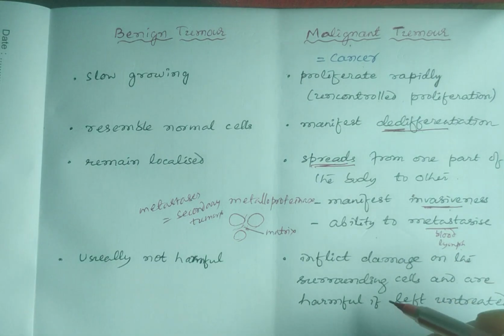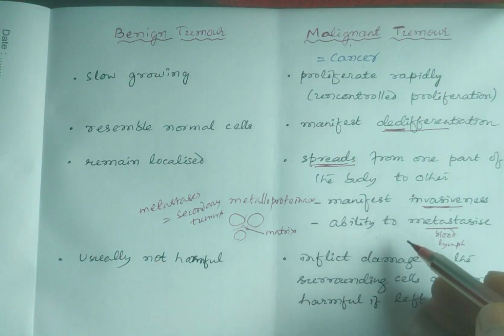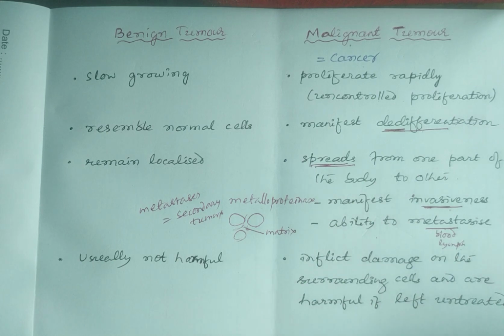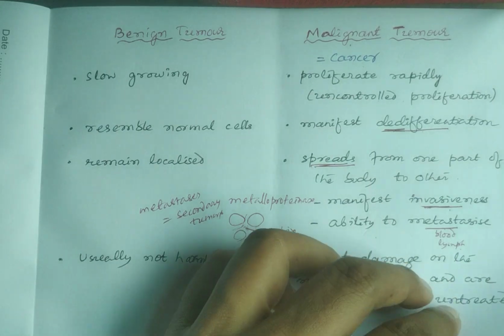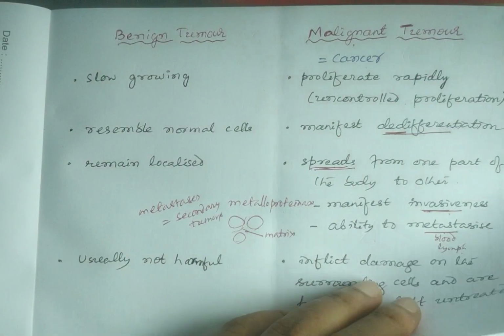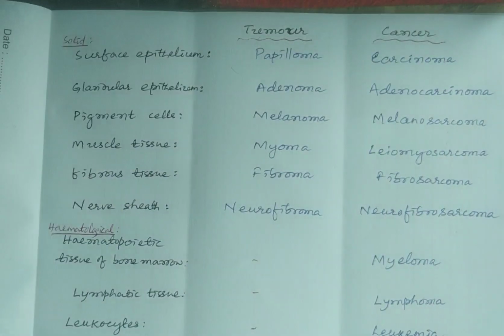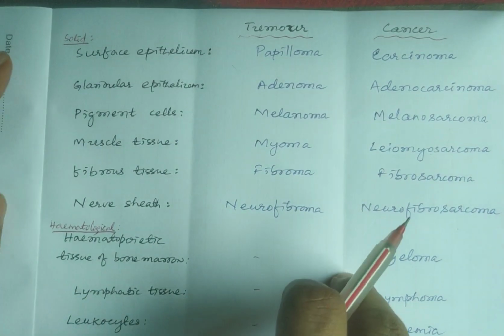So it has to be treated by surgery, or by chemotherapy, or by radiation therapy, or a combination of all these three: surgery, radiation therapy, and chemotherapy. So this is all about the tumor and cancer, and let us see the nomenclature.